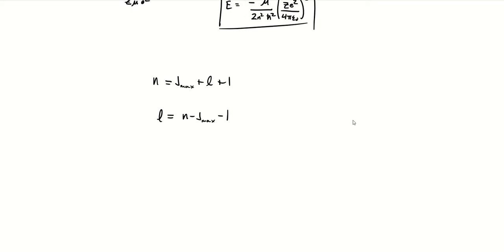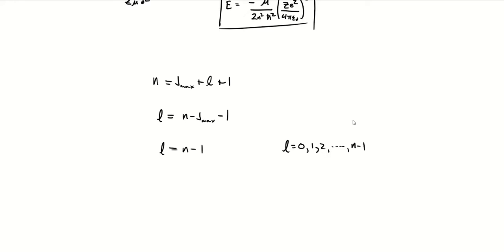The upper bound on our L occurs when J max goes to 0. So the largest possible value of L we can have is n minus 1, right? So our L values can go from 0, 1, 2, all the way up to n minus 1.